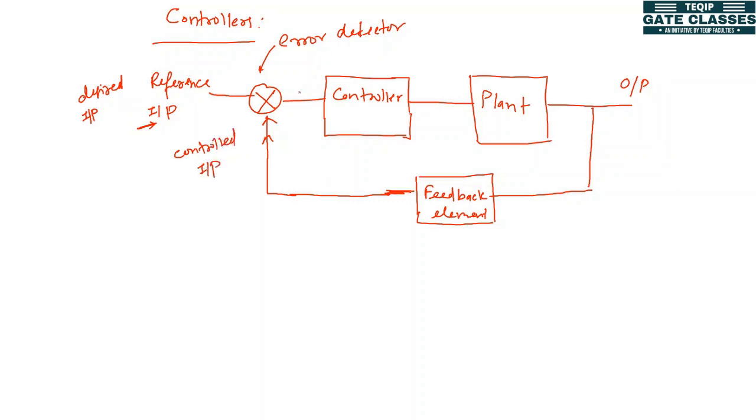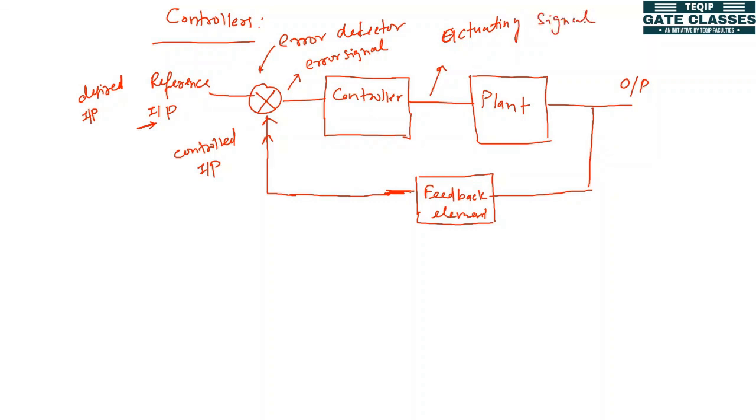The signal that we get after the error detector is called the error signal, and the output of the controller is called actuating signal.